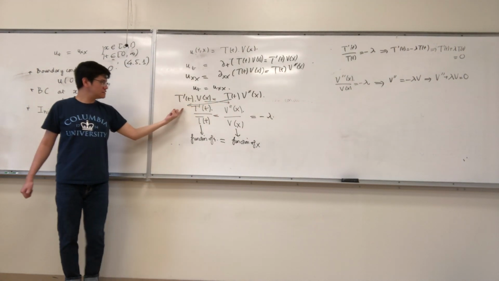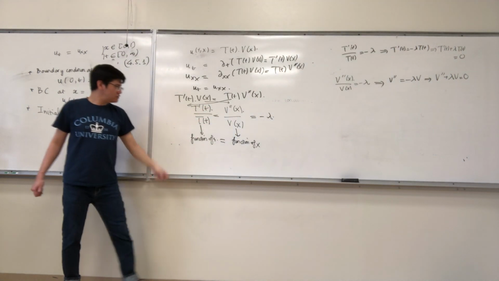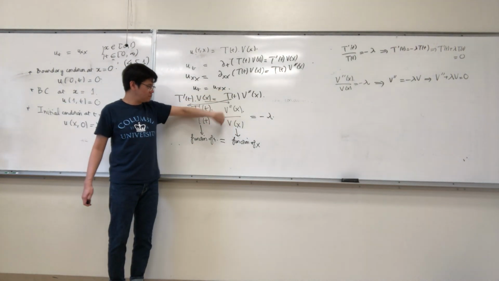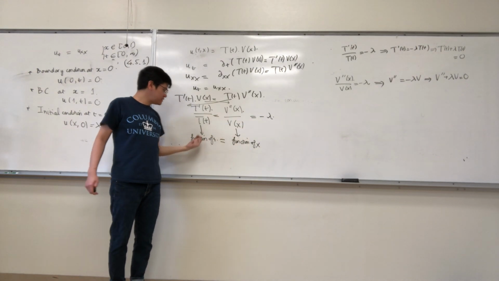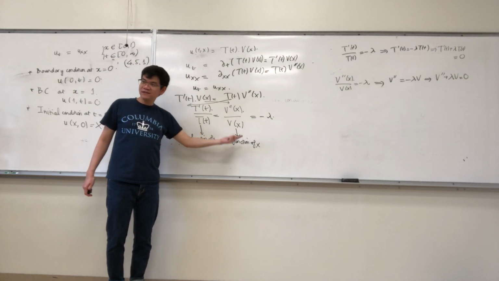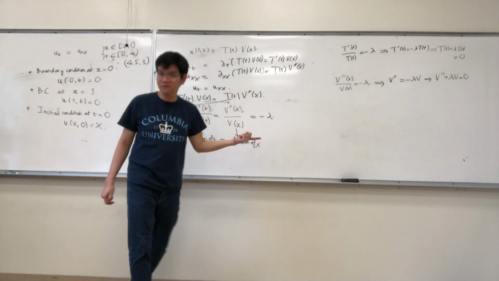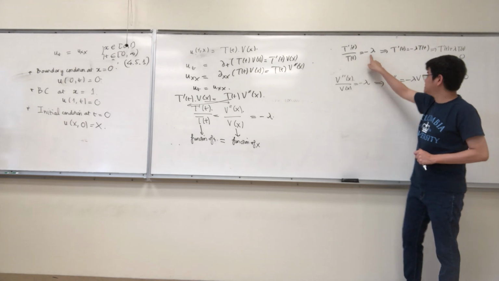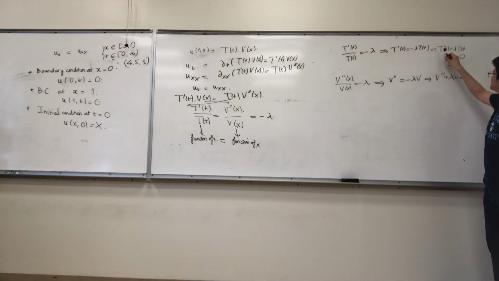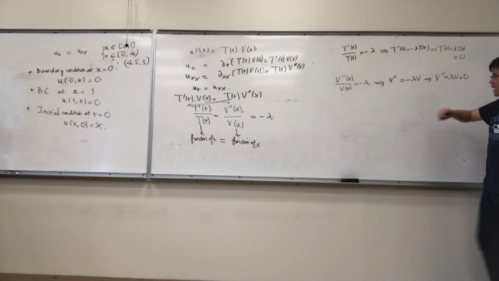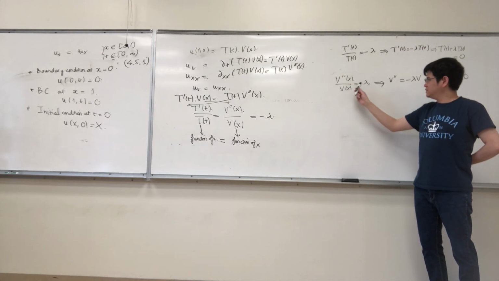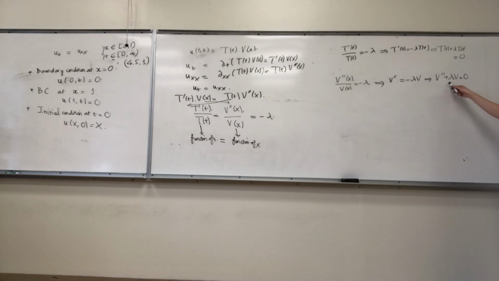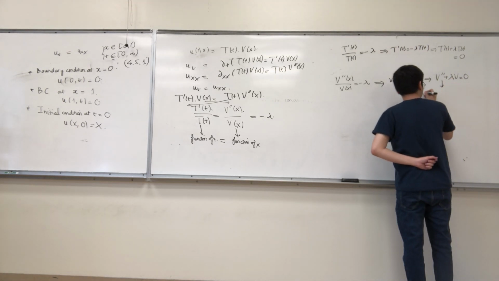So you divide by T and you divide by V(x). You're going to have T' over T is V'' over V. And because on the left hand side you have a function of t, and on the right hand side you have a function of x, they have to be constant. Right? So the first equation, T' over T is minus lambda, gives you T' plus lambda T is 0. And the second equation, V'' over V is minus lambda, gives you V'' plus lambda V is 0. Right? And this is an eigenvalue problem.